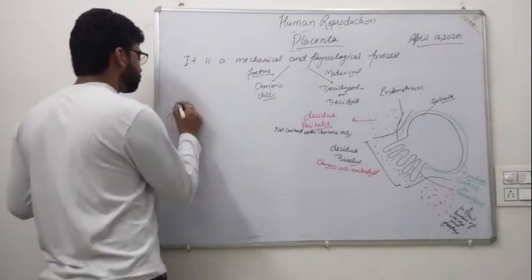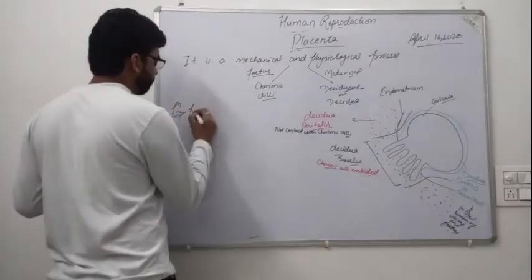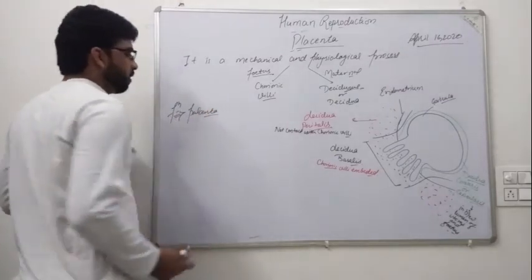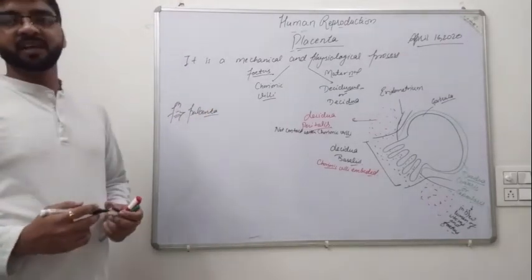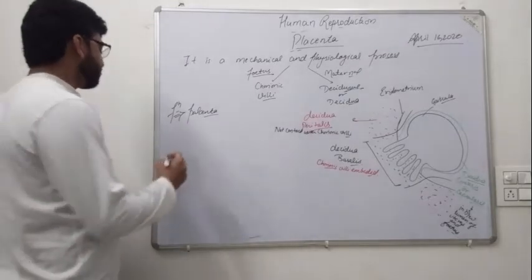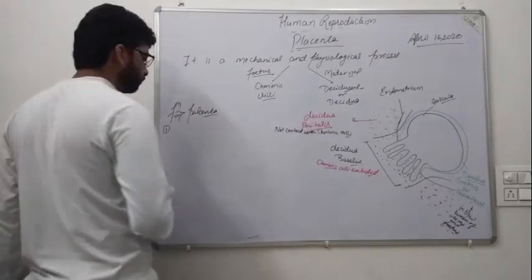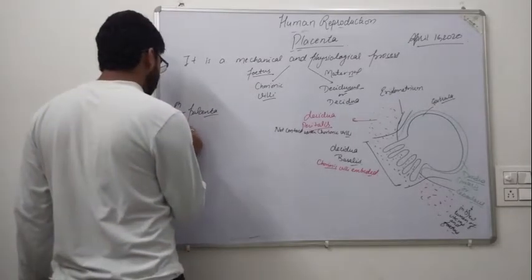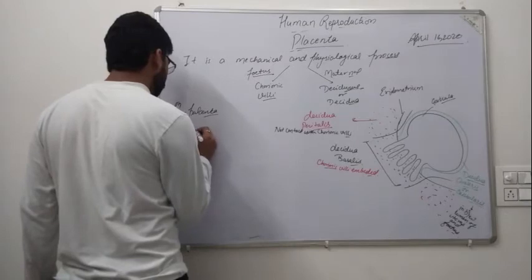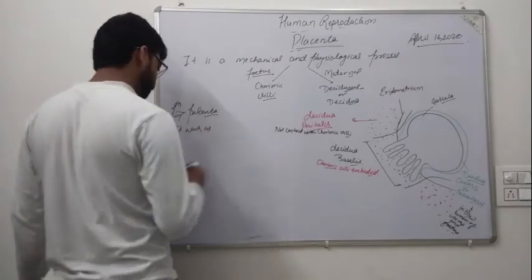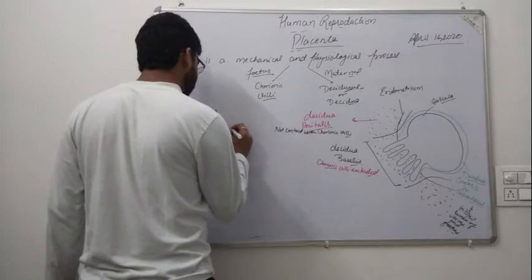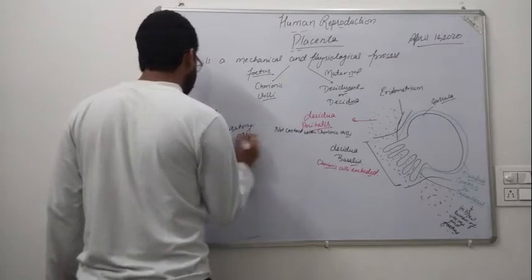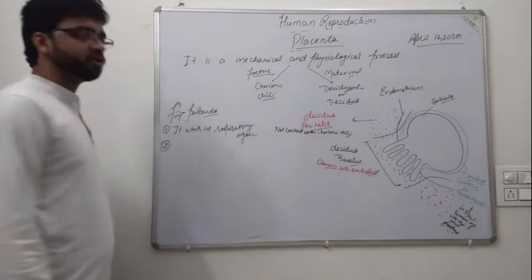Now, what are the functions of placenta? Placenta performs various functions. The first function of placenta is it works as a respiratory organ, meaning it is used in the exchange of gases here.